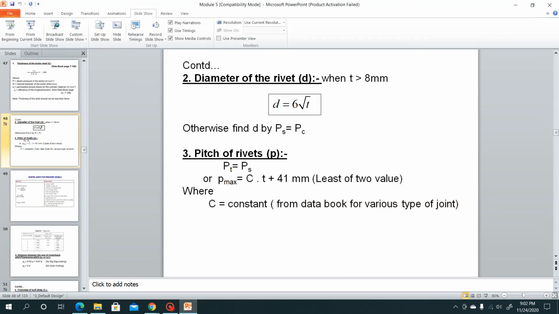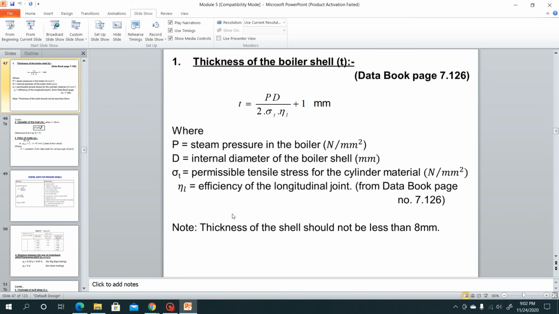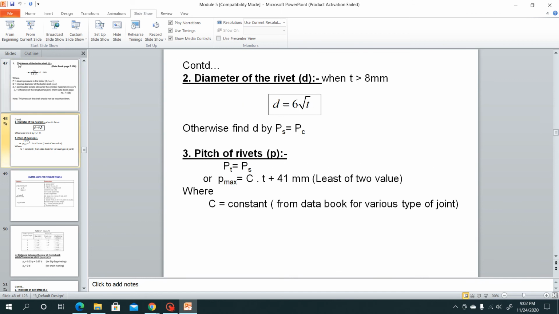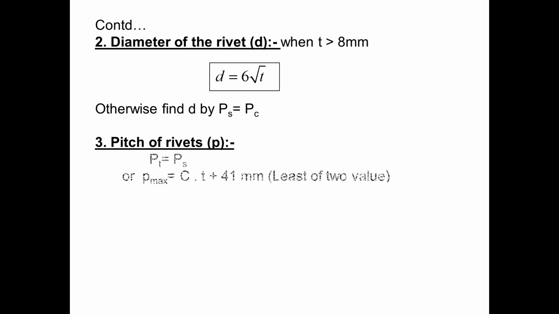fine. Third step is you got the value of diameter, you got the value of thickness from the first two steps. Third step is you have to find out the pitch of the rivet. Fine. How you can find out the pitch of the rivet?